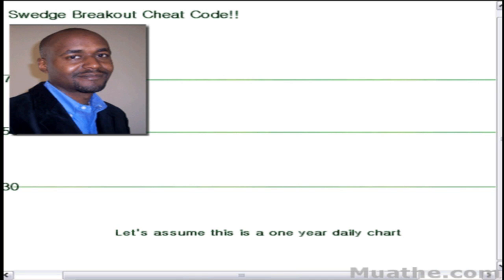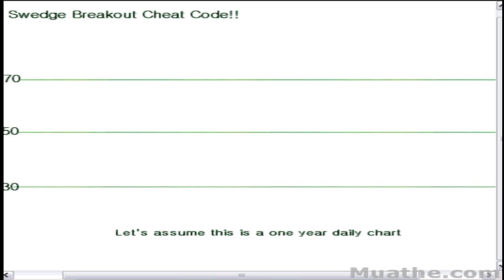As I promised, there are going to be a couple of videos trying to polish up the swedge breakout concept. Now there is what I call a cheat code. There is a method in which you can use the swedge breakout to kind of cheat your entry point and try and see whether you can get a lower entry price. And the warning here is that when you're caught cheating, the penalty can be a bit steep.